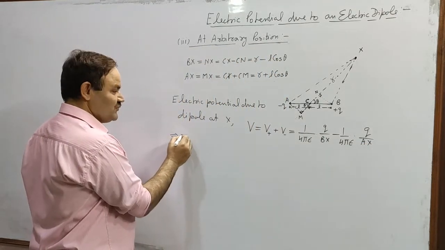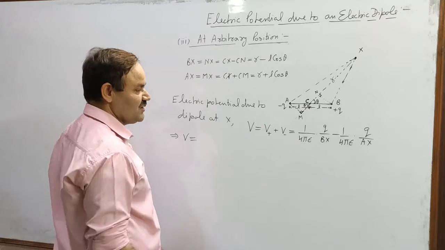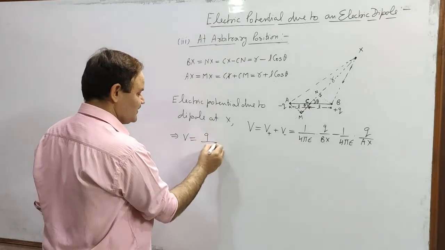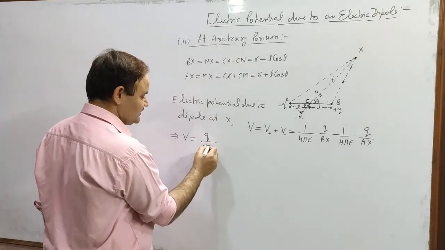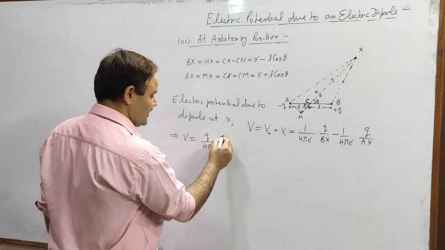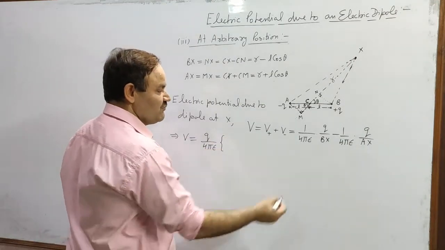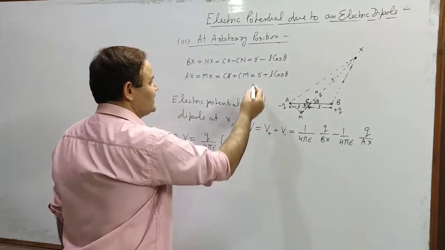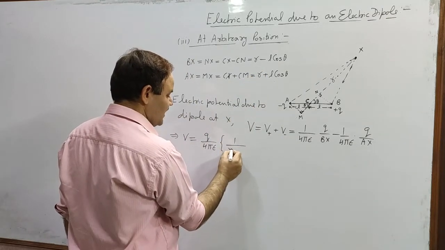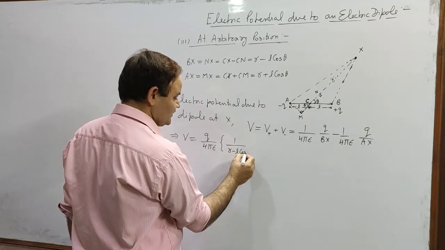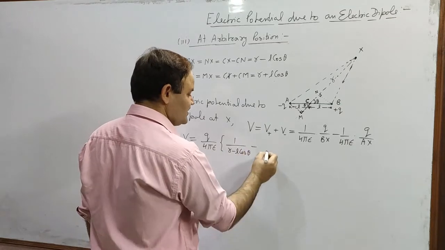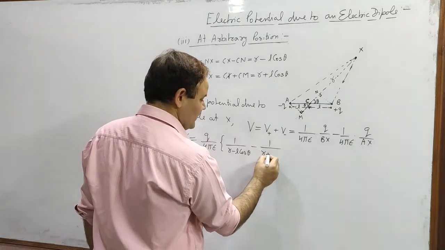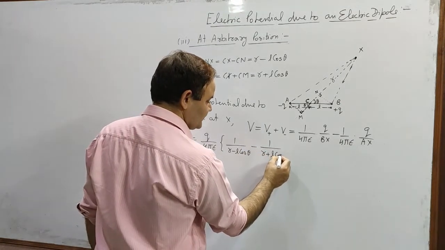This implies V is equal to q upon 4 pi epsilon will be taken outside, and we will get 1 upon bx, that is 1 upon r minus L cos theta, minus 1 upon r plus L cos theta.